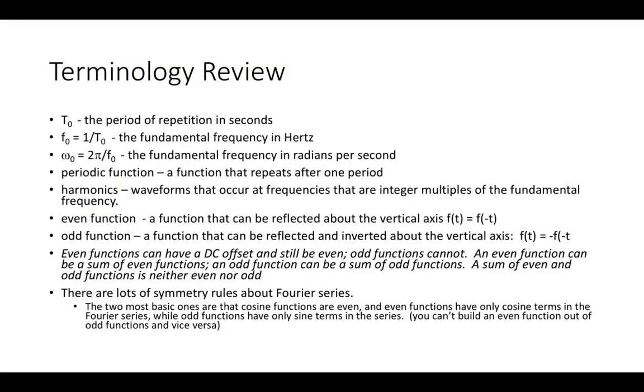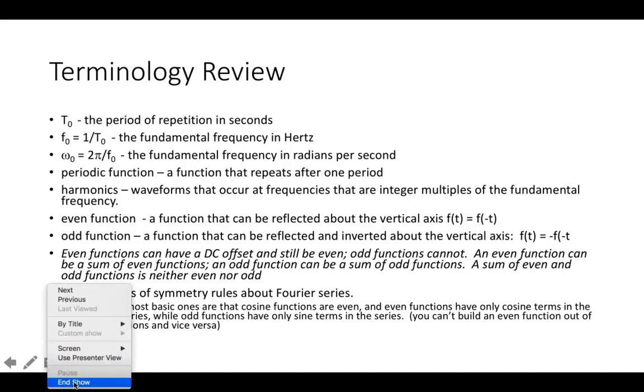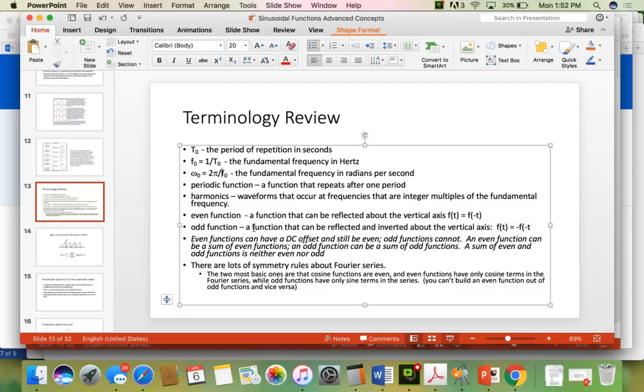Okay, so going back to our slideshow. Oh, no, what am I doing? I was right to begin with. I'm sorry, this has been kind of difficult to do, so let me go back and fix that. Sorry. It would be 2 pi over T naught.